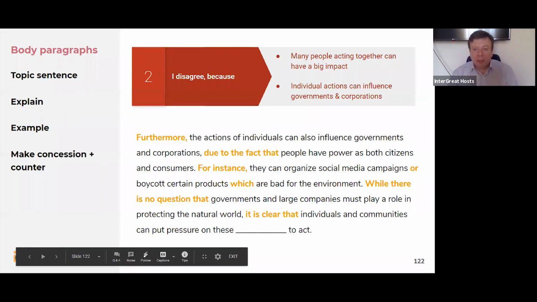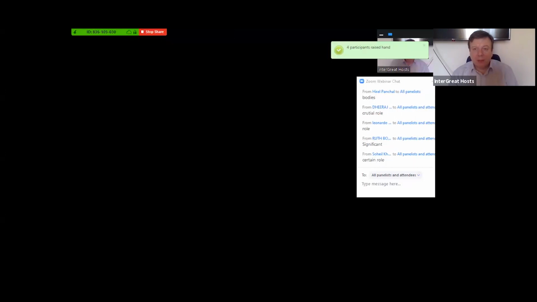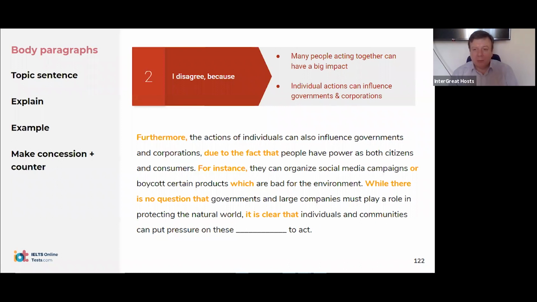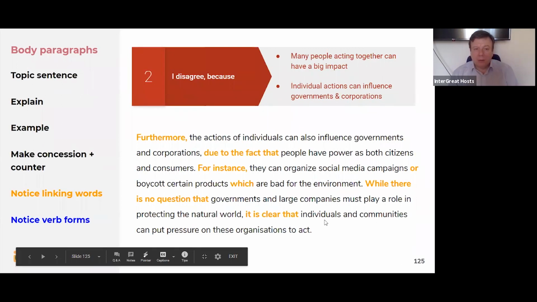Now it looks like we may have frozen on the chat box, but all of a sudden it'll probably all come through. So just give me a sec. So organization.